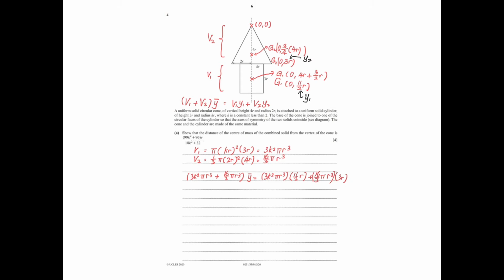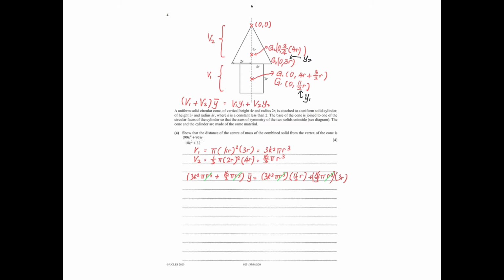Let's simplify the equation by canceling off r cube from both sides.